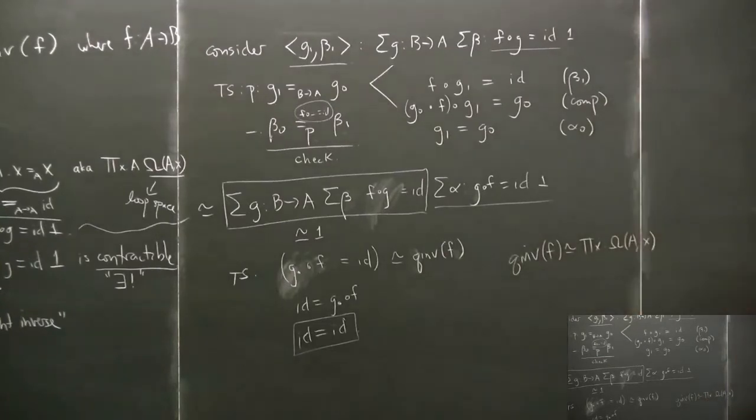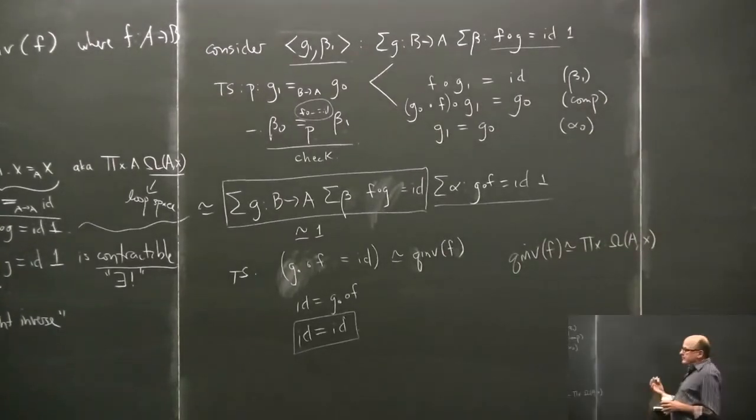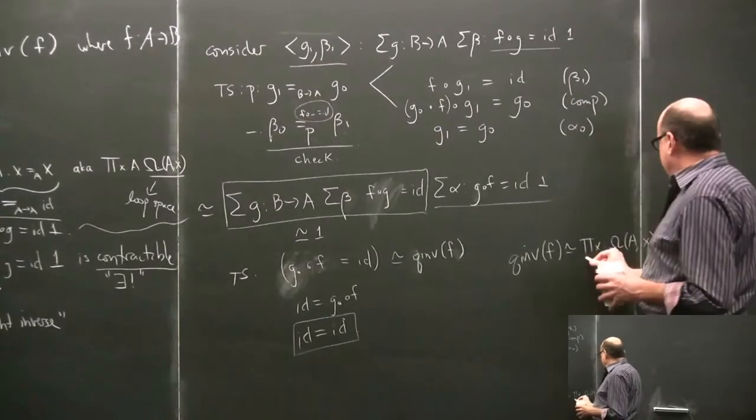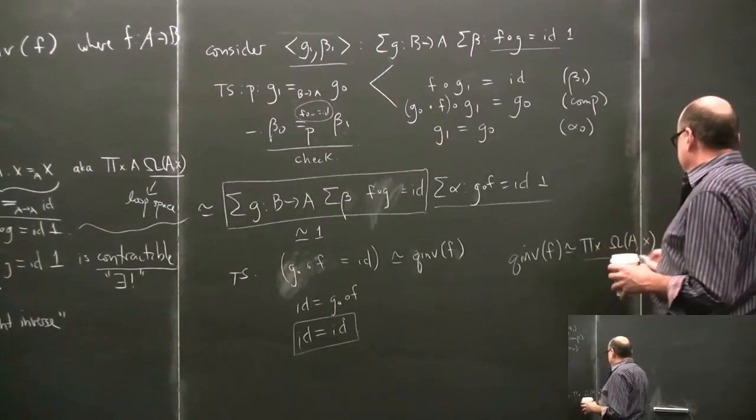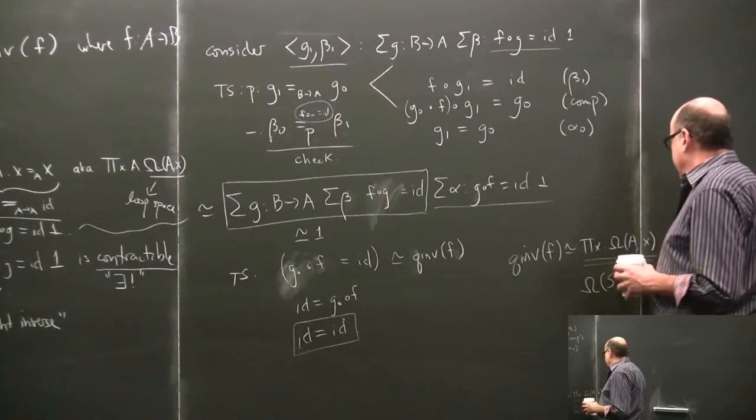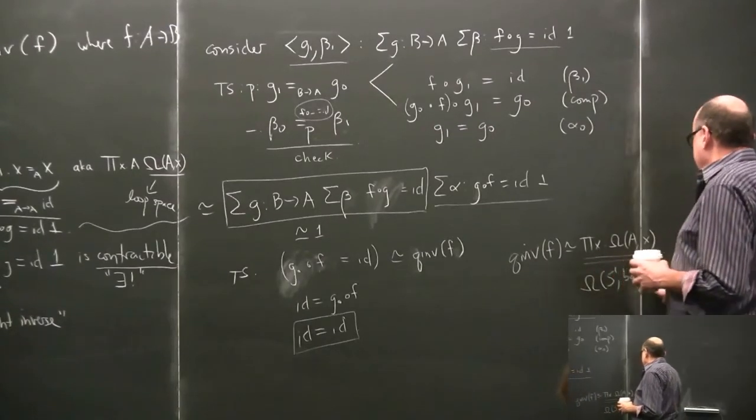Then we appeal to another lemma, which is there exists a type with a non-trivial loop space at a certain base point. So an instance of this would be the loop space of S1 at base.